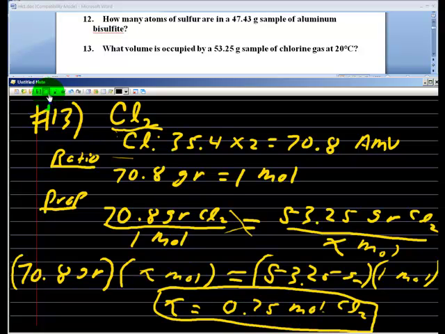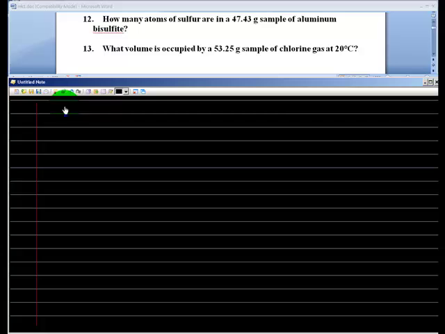I've run out of space. So X was equal to 0.75 moles of Cl2. But now the question is, how much volume is that? Well, we got to build a new proportion. Oh, my bad.